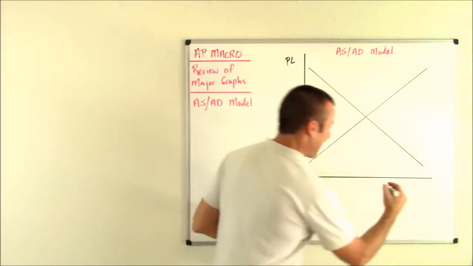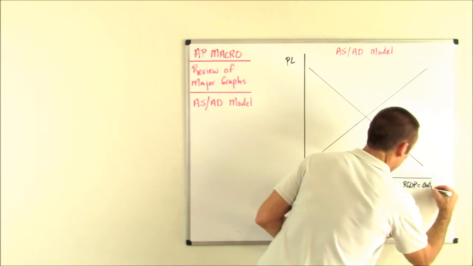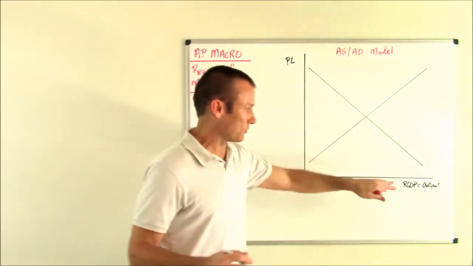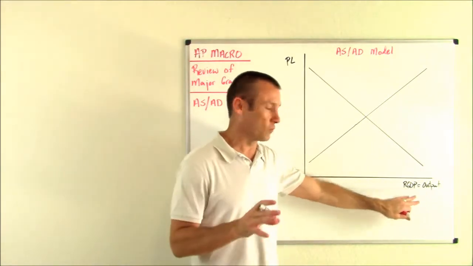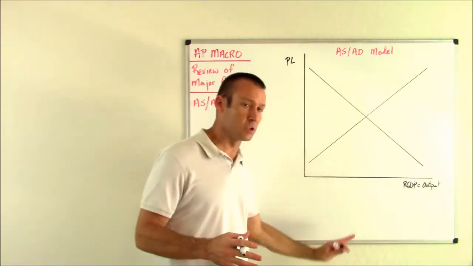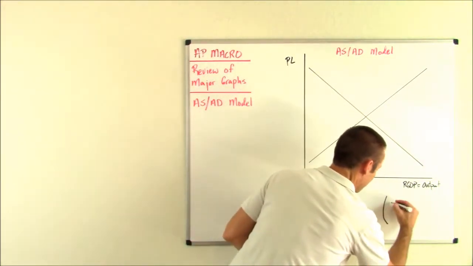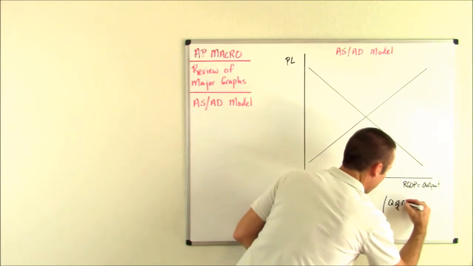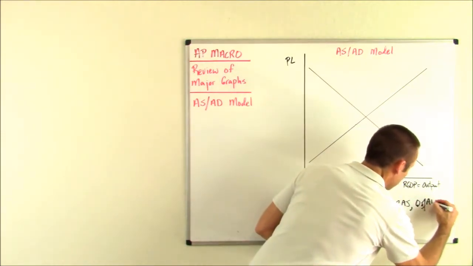Now, basically what we label this is real GDP, which is output. Sometimes you'll see the word real output. So those all work. Output, real GDP. I like to also just remind students that really we're using the horizontal axis to measure a lot of things, okay? So what I like to do a lot of times is say, hey, we're measuring the quantity of AS. We're also measuring the quantity of AD.